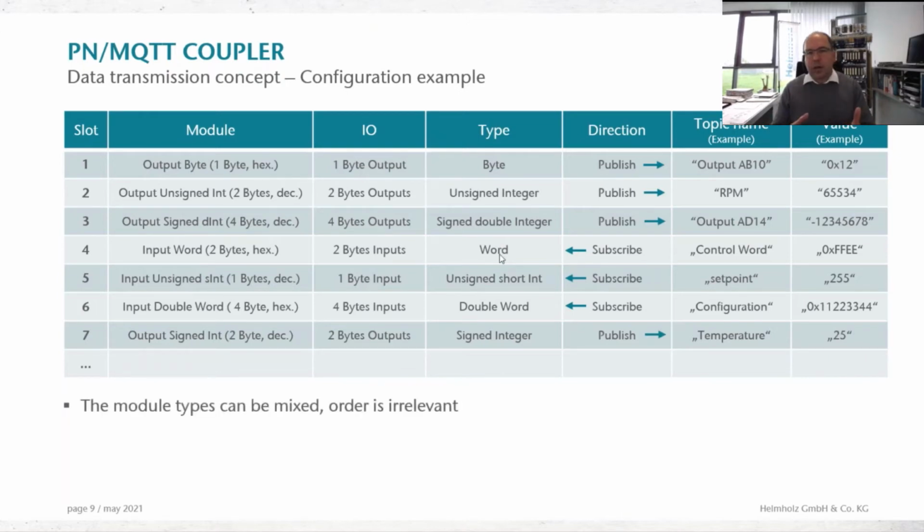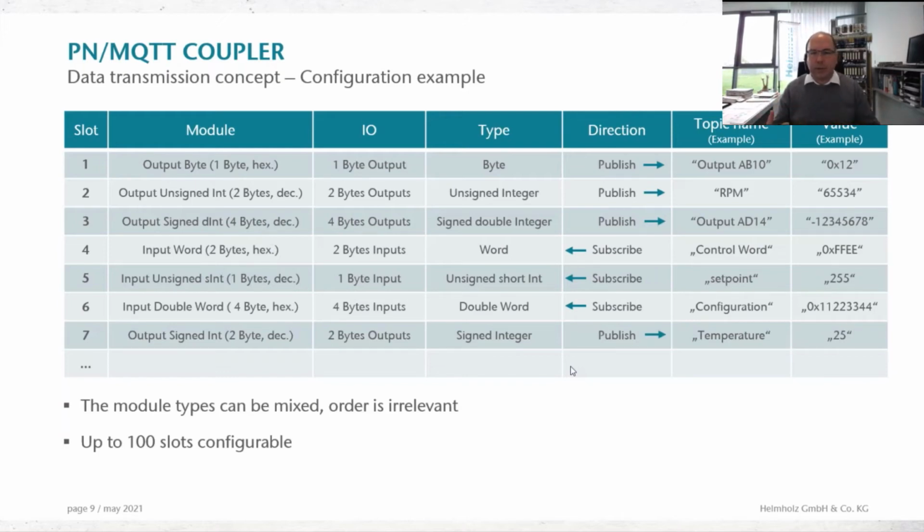These module types can be mixed, so it does not matter which module you put in first, and if you mix output and input, it does not have any relevance. You can have up to 100 different values you can exchange between the PROFINET side and the MQTT side.